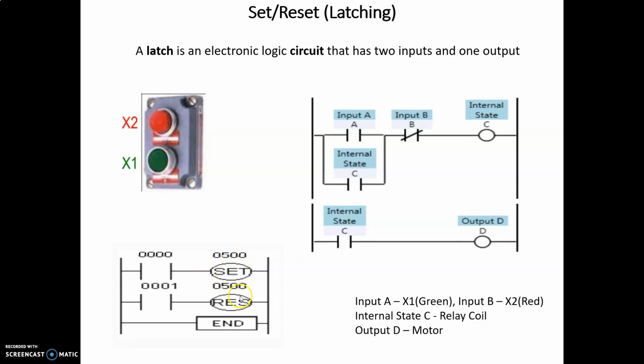Here we have the same ID 0500 with the reset. RES stands for reset, SET stands for the set value. If you look at the address value, both are the same, meaning both outputs are the same. But look at the inputs here, both input addresses are different. It means they are different inputs.